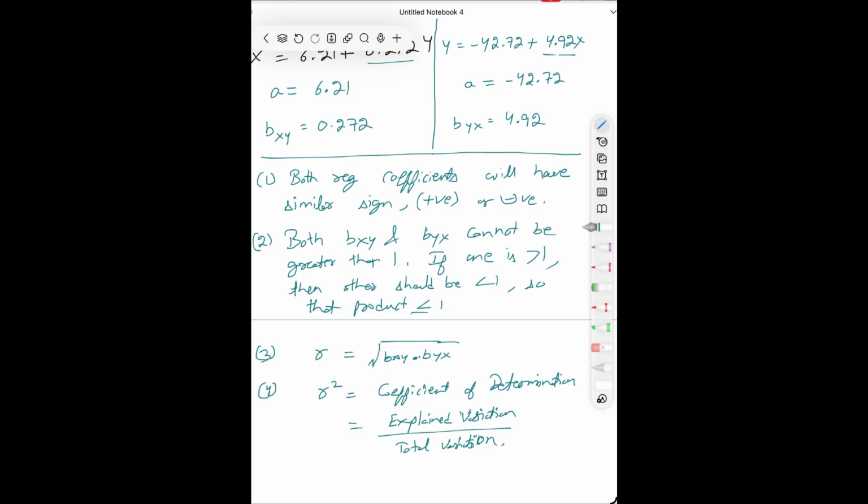So R square is an important term. Remember this thing also. So these are some important observations about the regression coefficient of x on y and y on x.